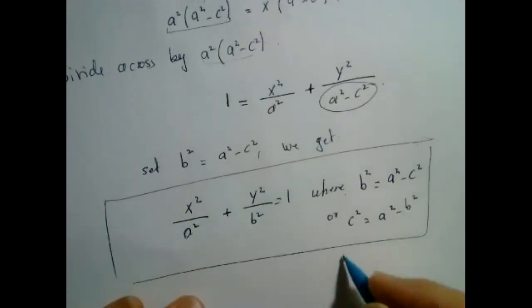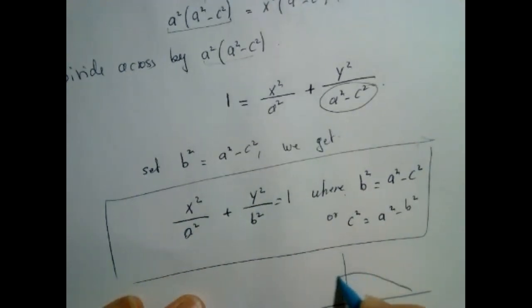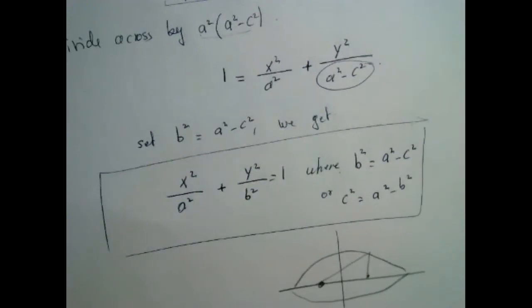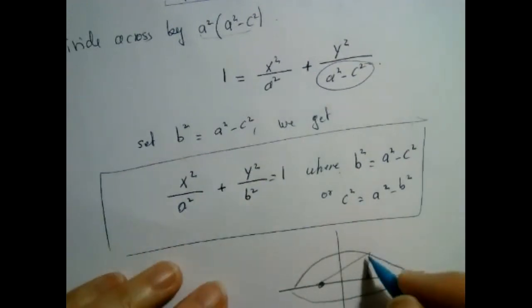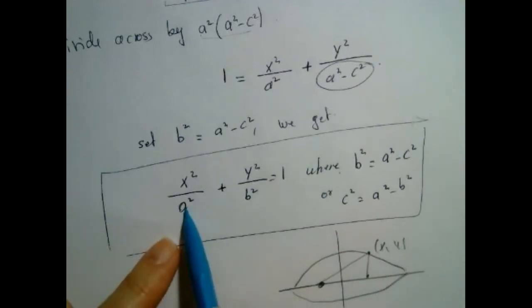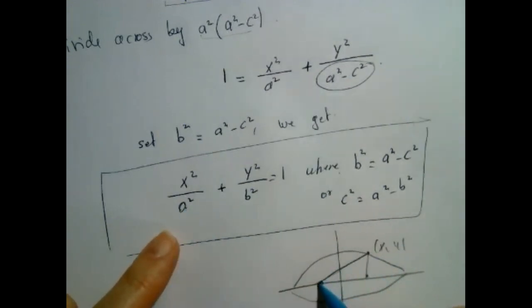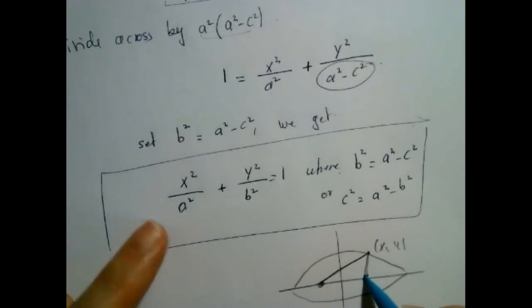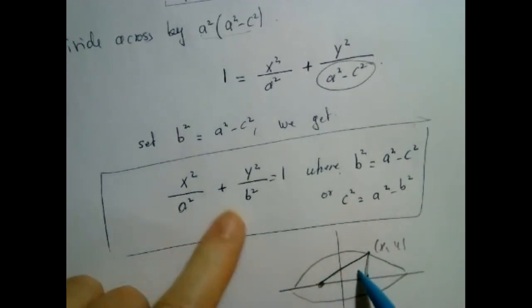So we have this weird picture here, this weird definition. We have those two fixed points. I'm taking all the points whose sum of distances is a constant. What we saw is that the relation that exists between every x, y is this relationship. A is from here to here, that's the 2a. That's where the a comes from. That's why we need 2a, so the formula will become easy.